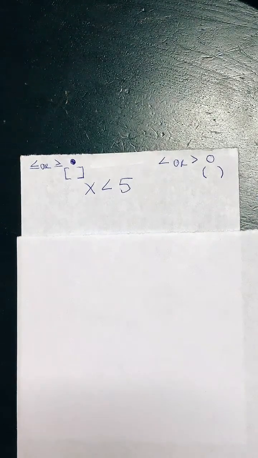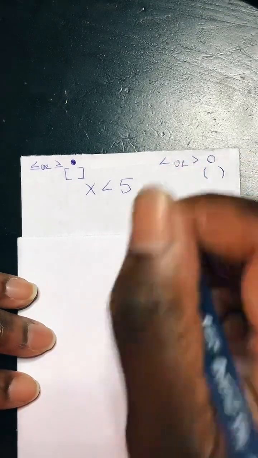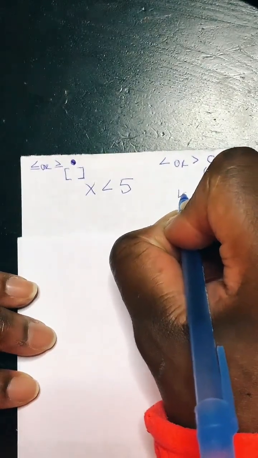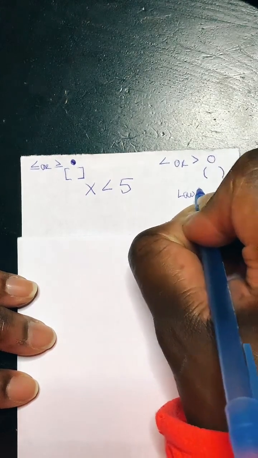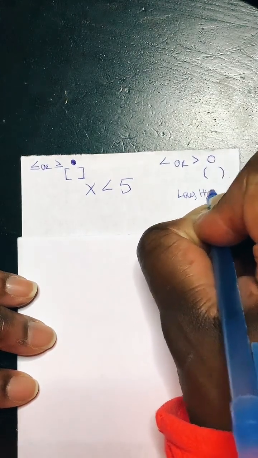Good. Okay. All real numbers, yes. Negative infinity to positive infinity, left to right. Now, here's the key thing. You always have your lowest number first. Then you put your highest number.